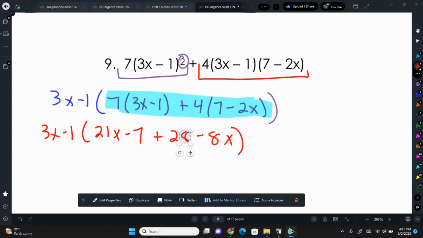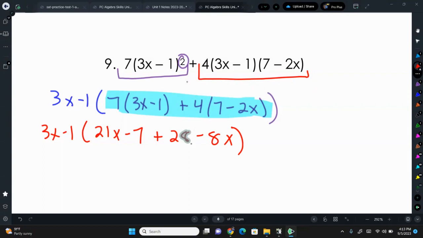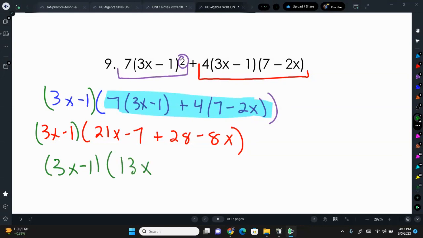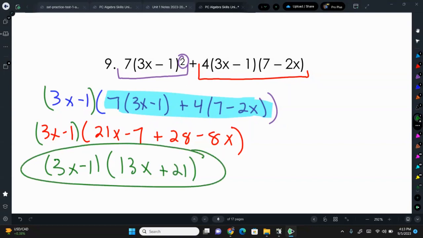And then once we combine our like terms, our final answer is going to be 3x minus 1 times 13x plus 21. And that's our final factored answer. So our GCF can be a whole term. In this case, our GCF was this 3x minus 1 that we were able to factor out.